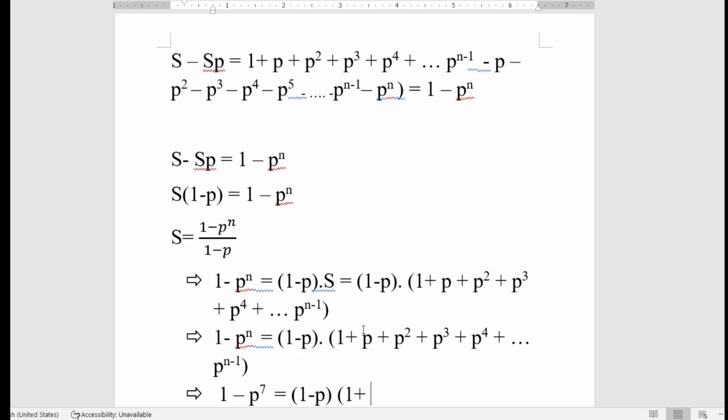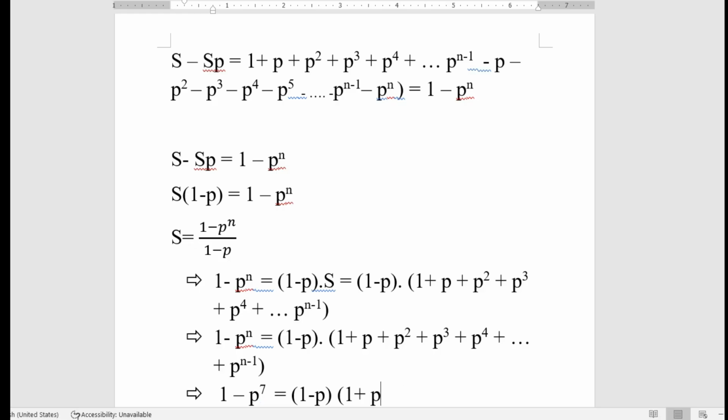And you remember that it will be b to the power of 0 plus b to the power of 1, b squared, b to the power of 3, b to the power of 4, and so on, plus b to the power of n minus 1.